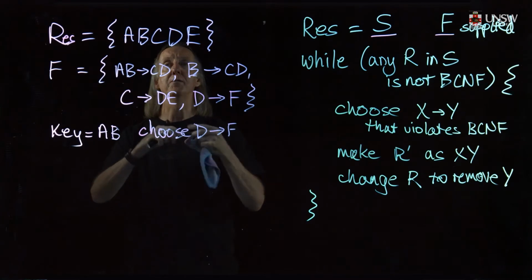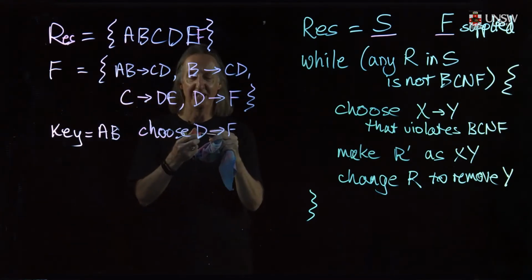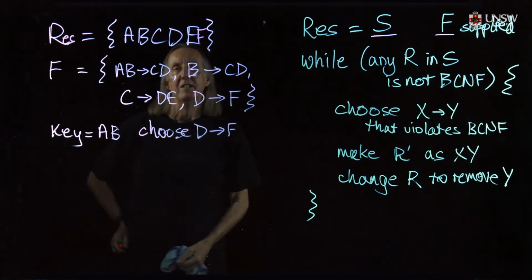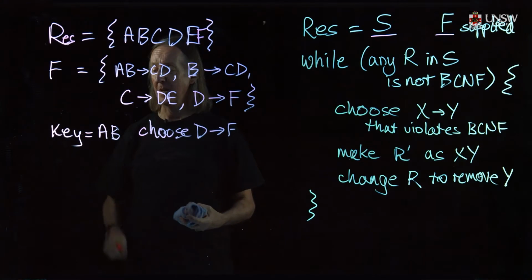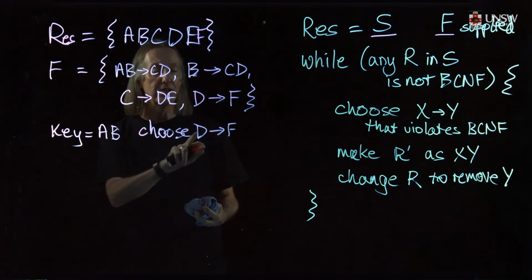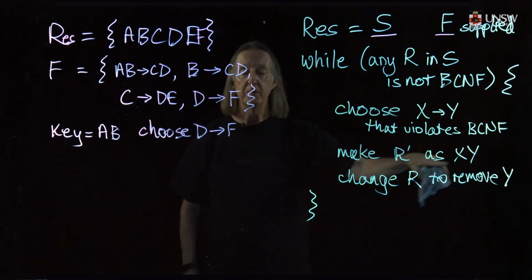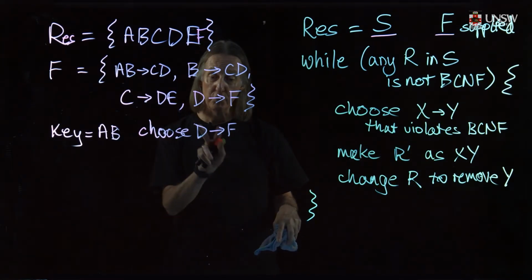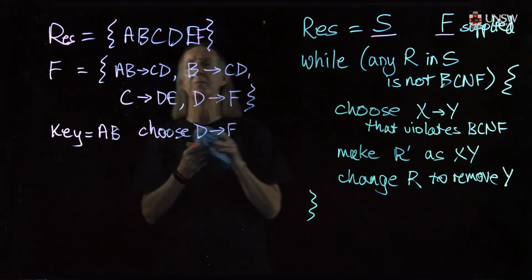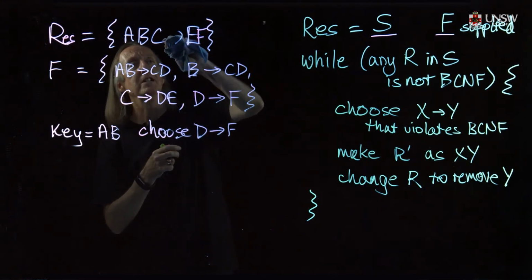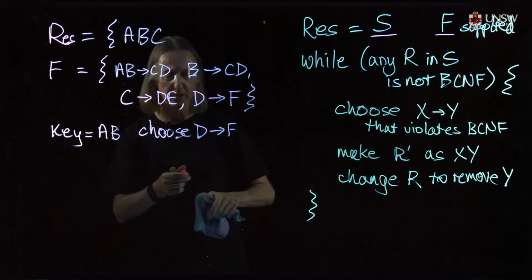Oh, I left out F. All right, so we had an attribute F there as well. It's a bit messy, but I'm about to rub it out, so it doesn't matter. Okay, so we've chosen D to F. So according to our algorithm over here, we make a new table that contains DF, and we remove F from this original schema, or this original giant table, if you like.